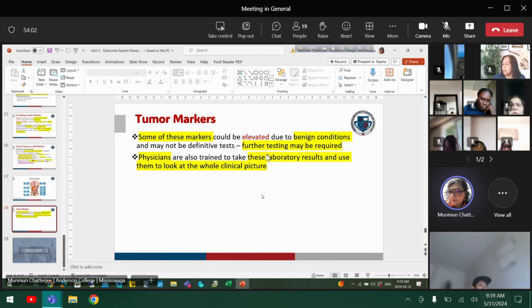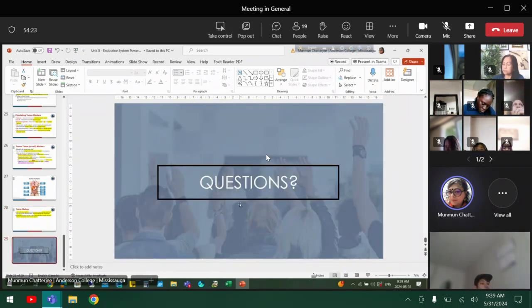Or you may think you have cancer, cancer, cancer. No, the doctor has to go through all the clinical testing, all the manifestations the patient has, and then they will take the decision. So physicians are trained to take these laboratory results and use them to look at the whole clinical picture. Questions?